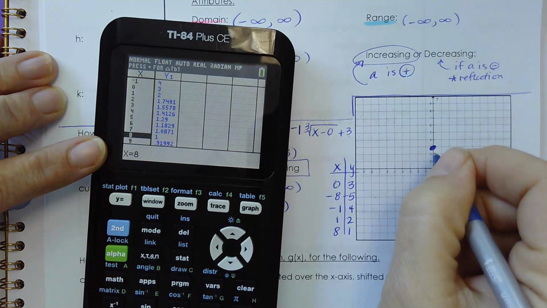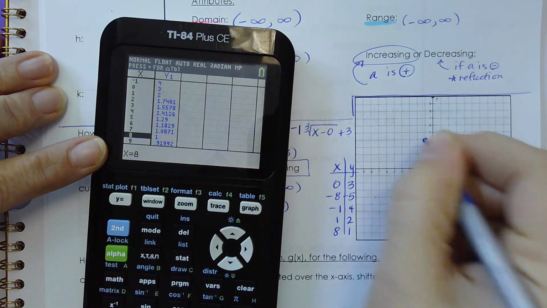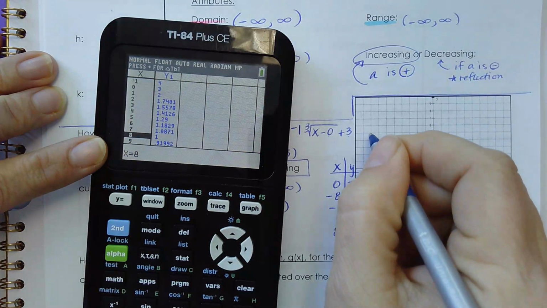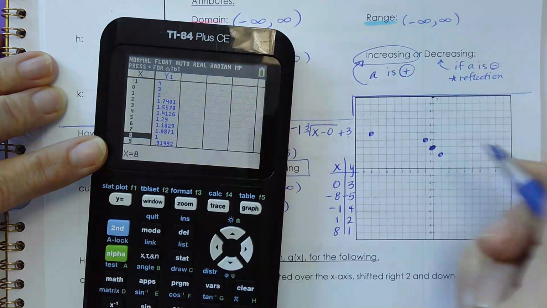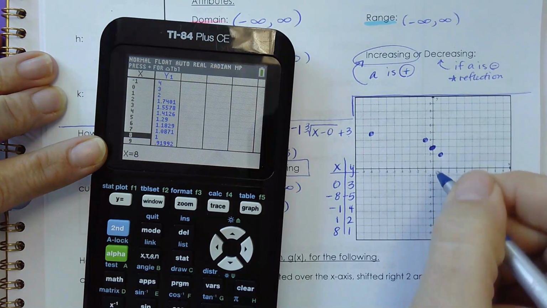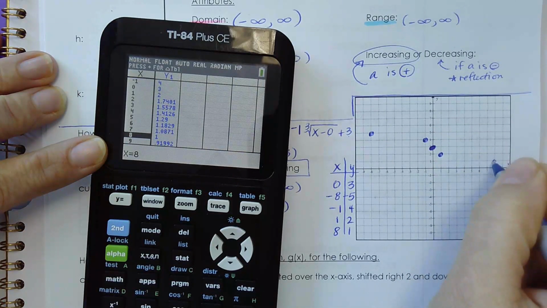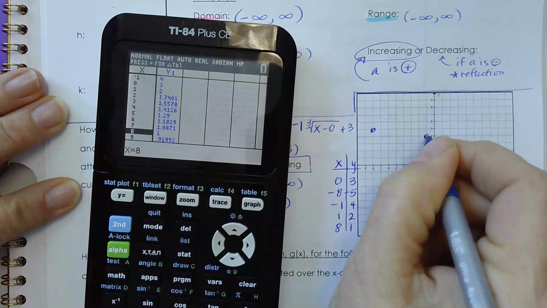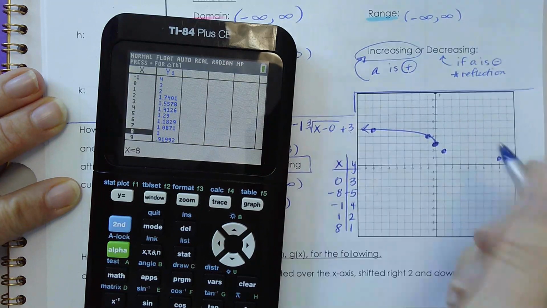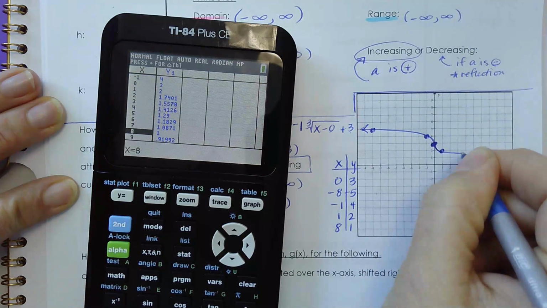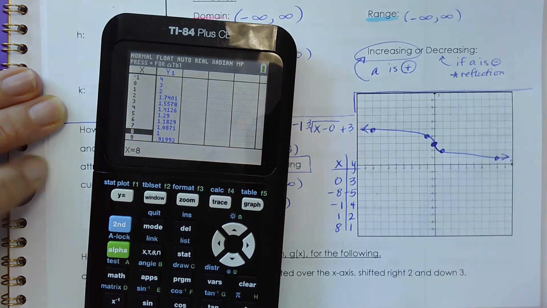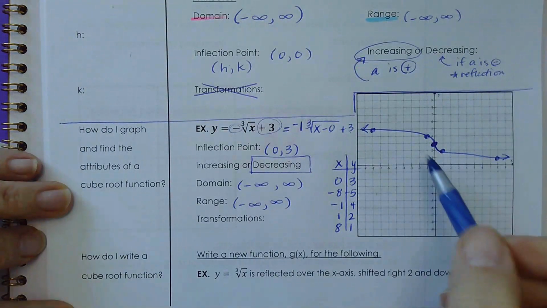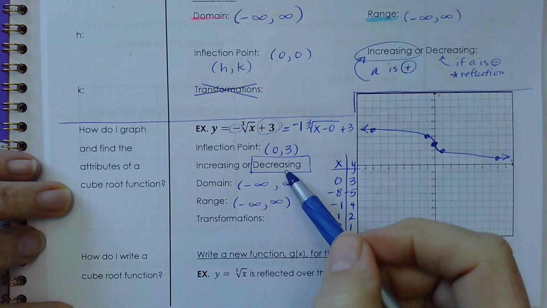So curve, and curve and back, that is decreasing.